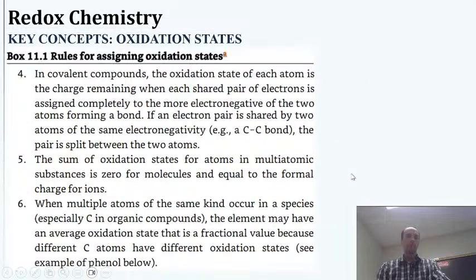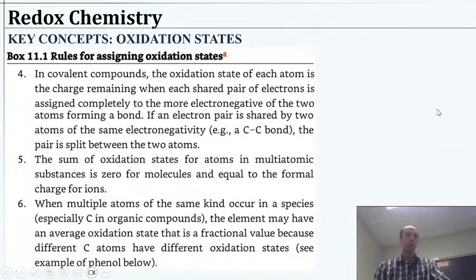All right. A couple more, or 3 more really. So we also have, in covalent compounds, the oxidation state of each atom is the charge remaining when each shared pair of electrons is assigned completely to the more electronegative of the two atoms forming a bond.